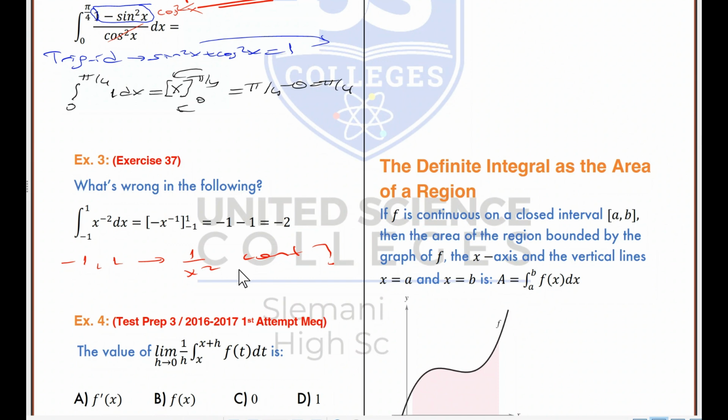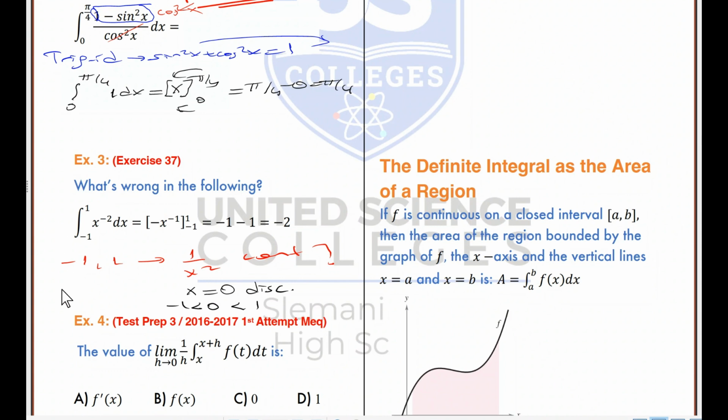Let's remember from chapter 2, to check continuity for fractions, we look at the denominator. What makes the denominator 0 will be the point of discontinuity. So our function is discontinuous at 0, and 0 is between negative 1 and 1. So since the function is discontinuous at 0, this function is discontinuous over this interval.